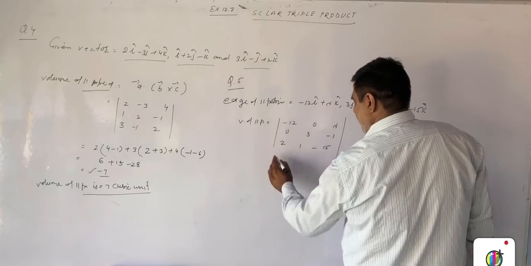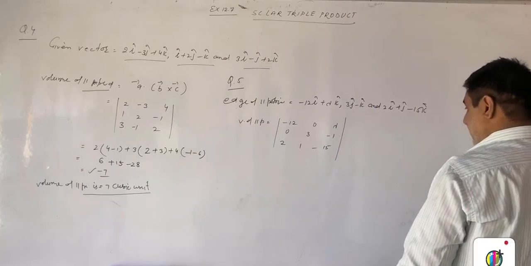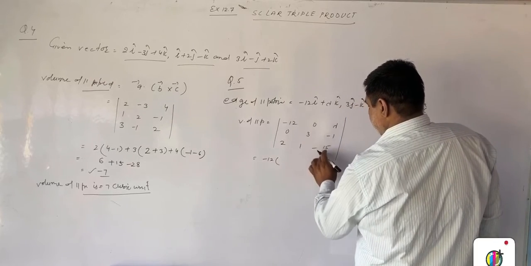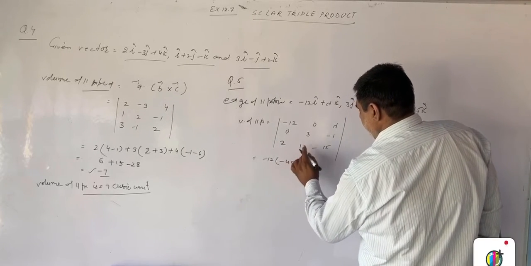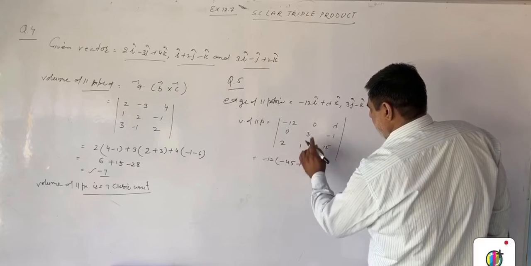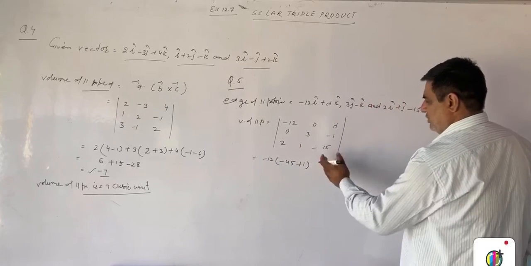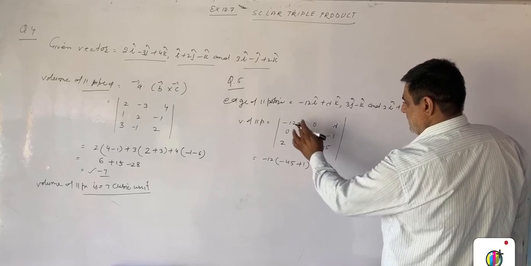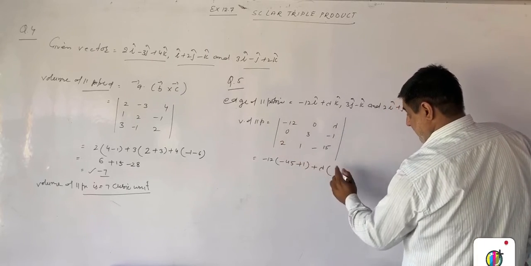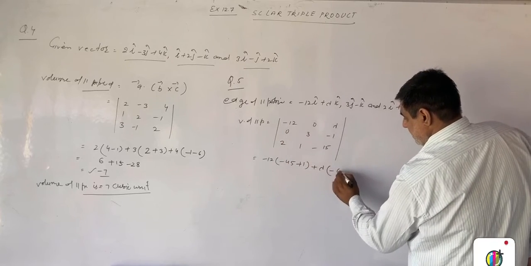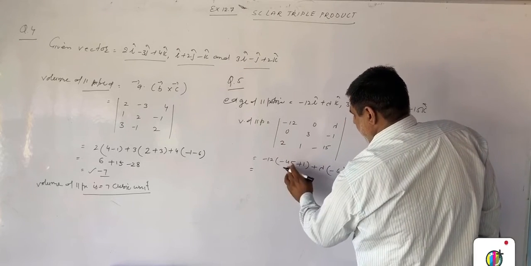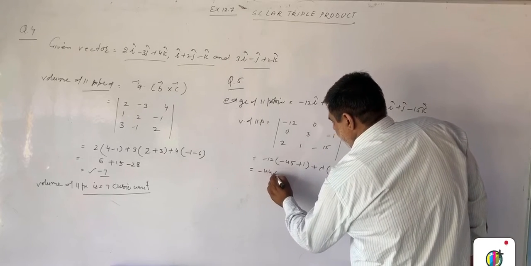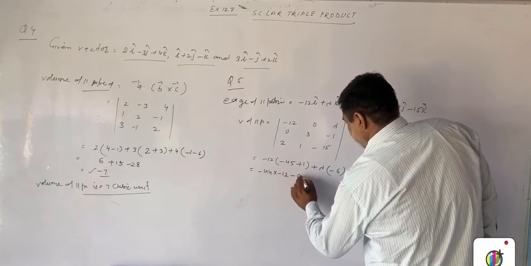Now find the determinant of this by the determinant method. -12 into this, cancel this, multiply this, -45, this is +1. Now this component is 0, we take note of this value, then lambda: cancel this, multiply 0, we get 0, and this -6.